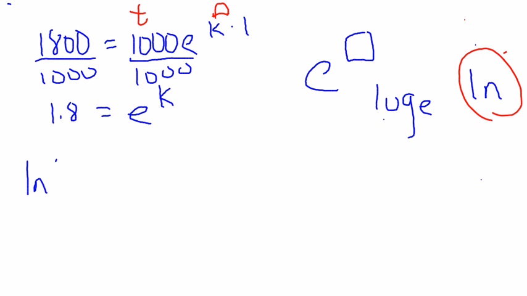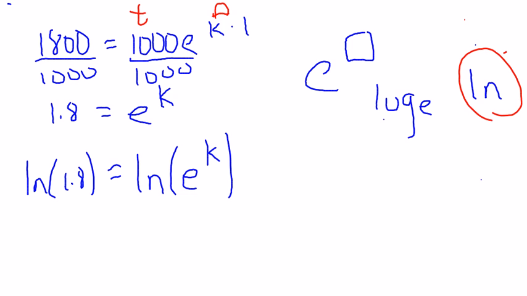That gives me ln of 1.8 equals ln of e to the k. This stuff is confusing at first. The left side's easy, you just use a calculator. And the right side, the ln and the e to the are opposites, so they cancel. What's in the e to the? It is a k. So on the right hand side I have a k.